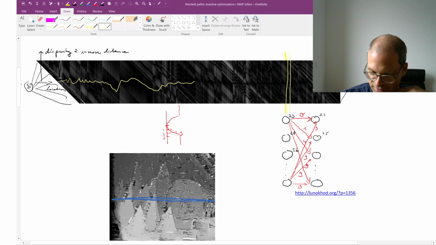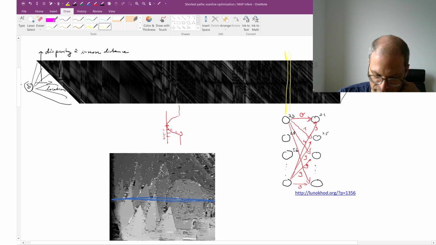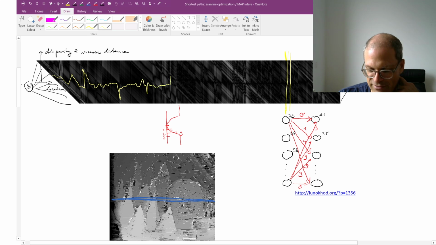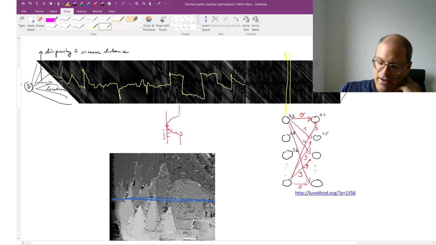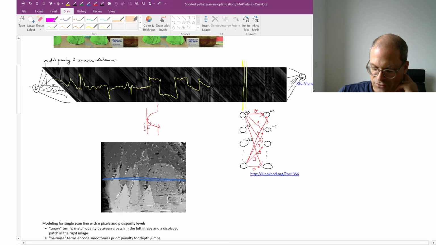So it always goes through these black regions, and it should be relatively smooth, but sometimes, as we said, there are jumps in depth. So I do have these discontinuities at a few places where an object was in front or in back, etc. Okay. And this now translates to one line of my depth map.